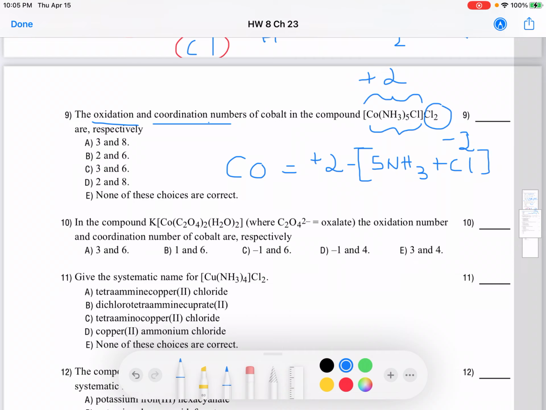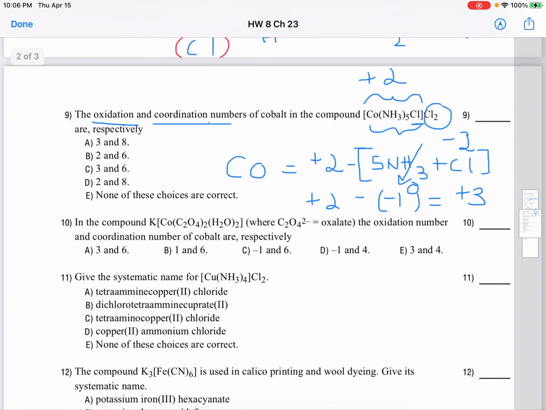Ammonia doesn't have a charge, so it's 0, and chloride is a -1 ligand. So +2 minus -1 makes it +3. So the oxidation number is +3 and the coordination number is 6.